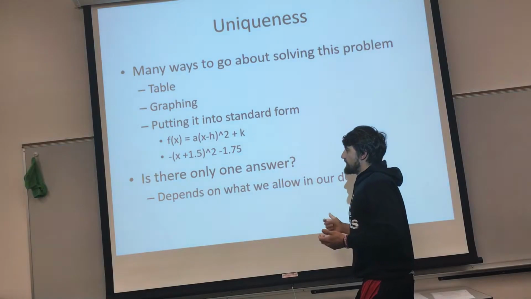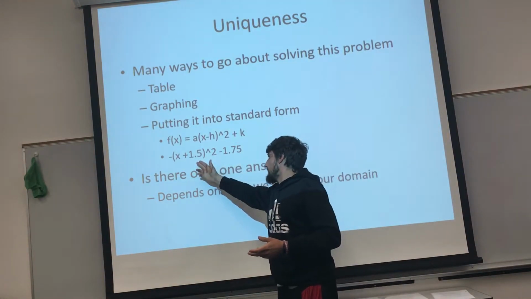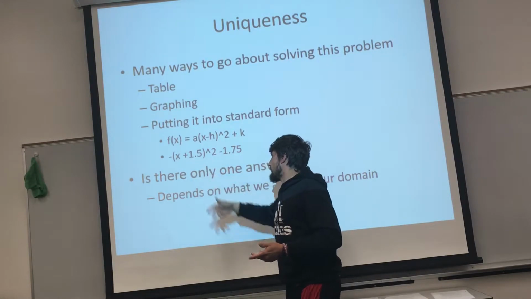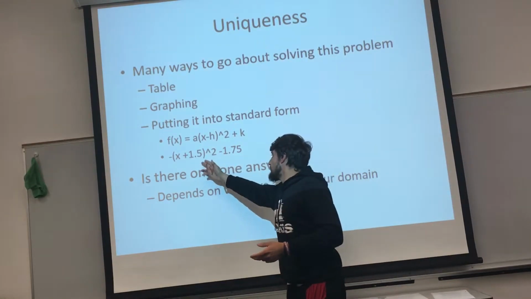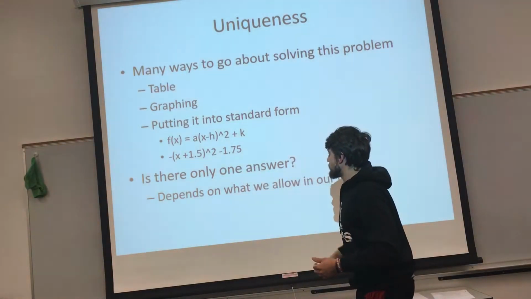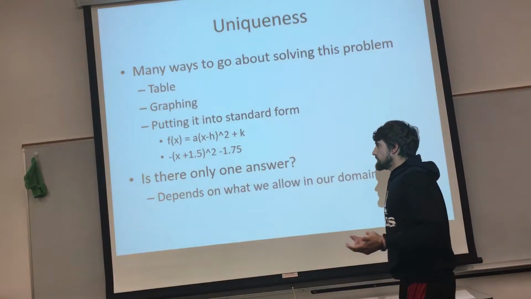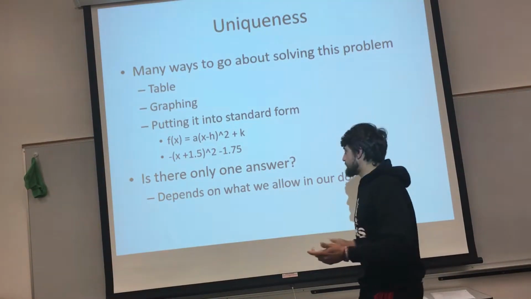So if we were just given this, we would see that if we plug -1.5 into this equation, it ends up being 0, and then we subtract 1.75, and we get our height of -1.75. So that was a way of doing it.